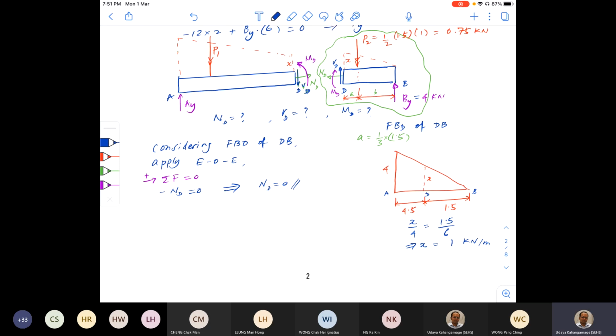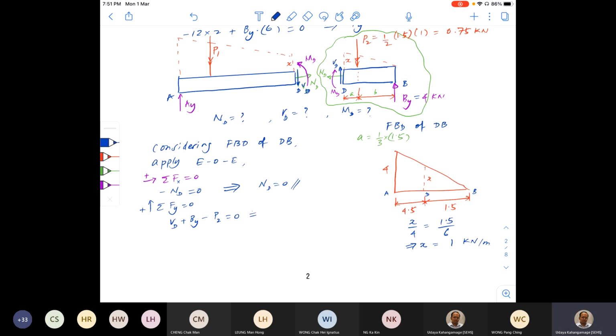The second one, we'll find out VD. That means I need to take the equation of equilibrium in y direction. So this one was x direction. Fy should be equal to 0. So we have VD in that direction, positive, and then By in that direction, and P2 opposite direction, negative P2 equal to 0.